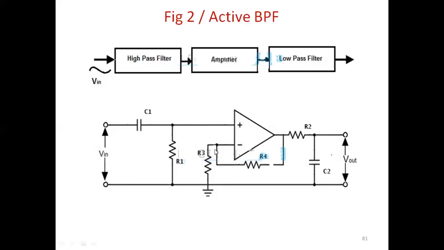The negative terminal has a feedback resistor RF and a resistor R1. Sorry, this is R2 and C2. They form a low pass filter. A low pass filter is nothing but an integrator where we generally take the output across a capacitor. So V in, V output. This portion is a high pass filter. This portion is a non-inverting amplifier. This portion is a low pass filter.